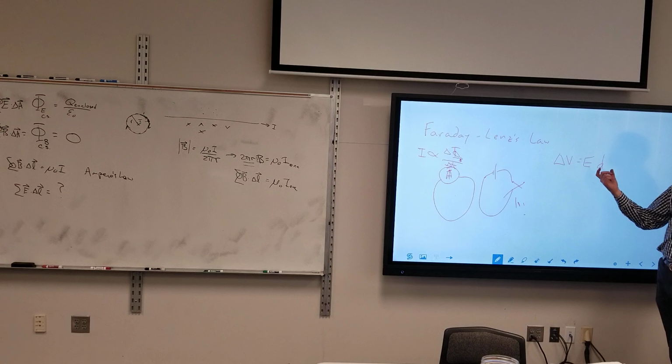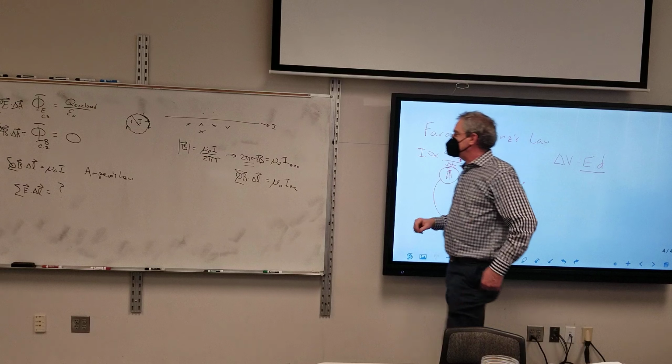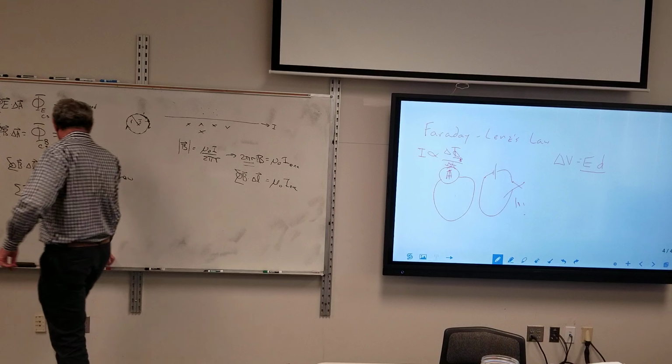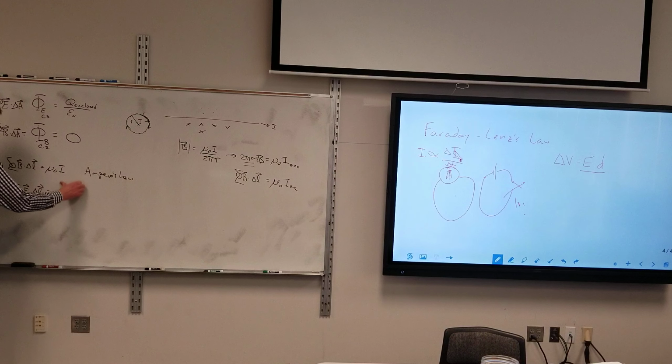We can hopefully take the leap that there's some relationship between the electric field and the distance that the electric field is traveling around. Ultimately it ends up with the electric field times this length as I go around some loop is going to be equal to the negative change in the magnetic flux with respect to time. And this is Faraday-Lenz's law.